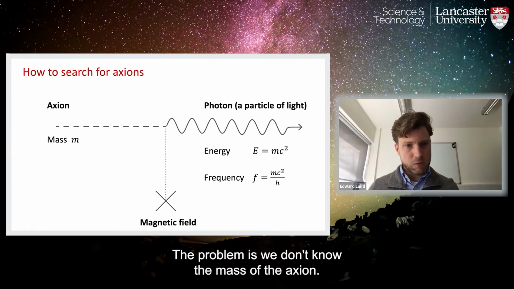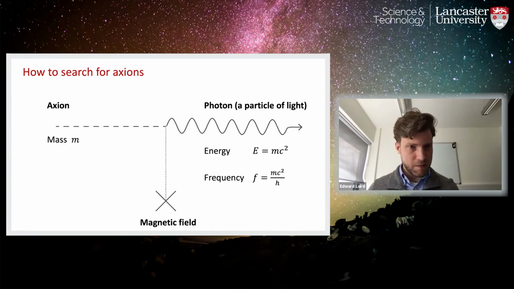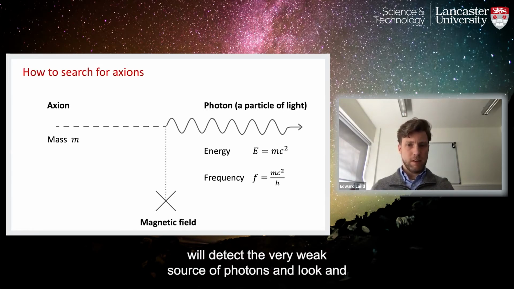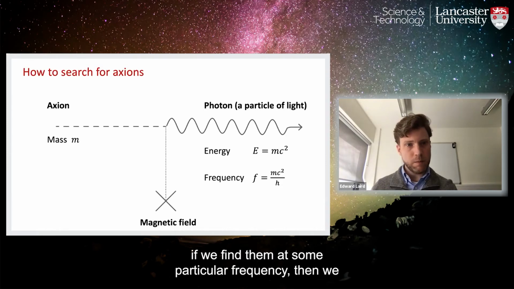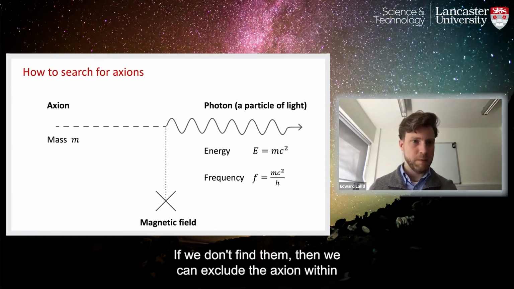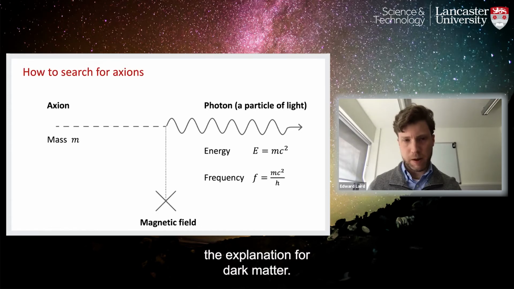The problem is we don't know the mass of the axion. So what we have to do is to make some kind of detector that will detect this very weak source of photons and look. And if we find them at some particular frequency, then we know the axion exists and we know what its mass is. If we don't find them, then we can exclude the axion as being the explanation for dark matter.